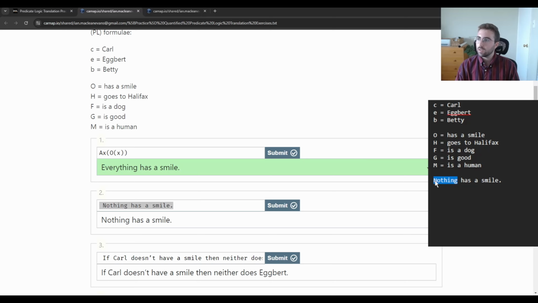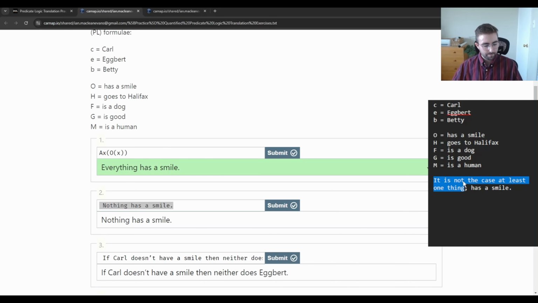The nothing there is not saying not all things have a smile, because that could mean something could have a smile even if not all of things do. It's saying there isn't even at least one that has a smile, right? So we could put this as it is not the case that at least one thing has a smile, right?